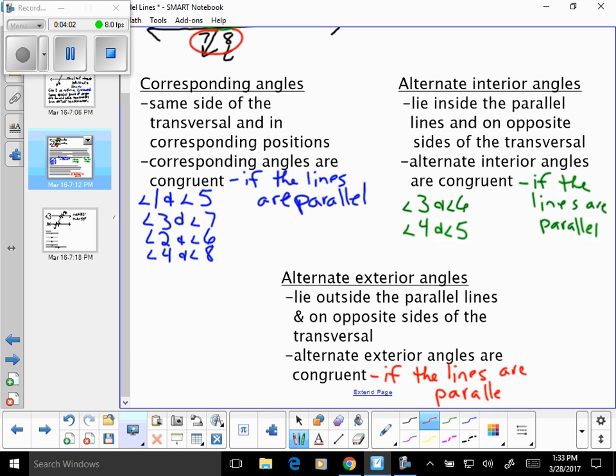Now, if the lines are not parallel, we still call them alternate exterior angles. It's just that they're not congruent. So in this case, we have angle 1 and angle 8. We have angle 2 and angle 7. Now again, hit pause, really study that diagram.